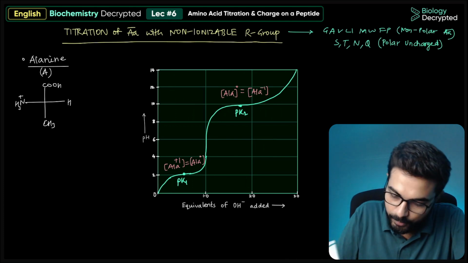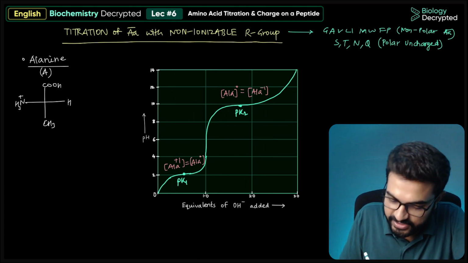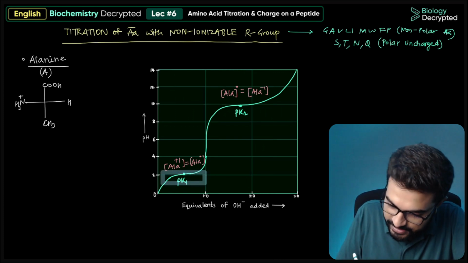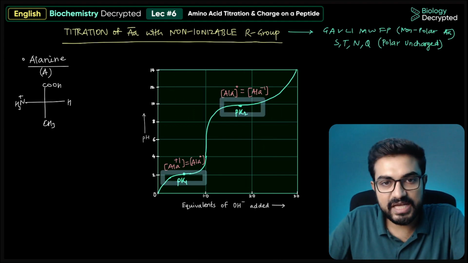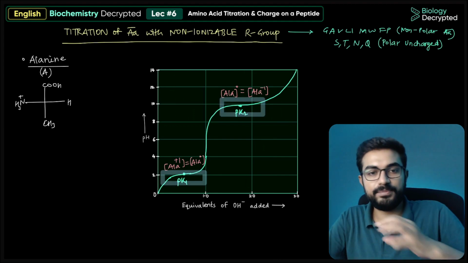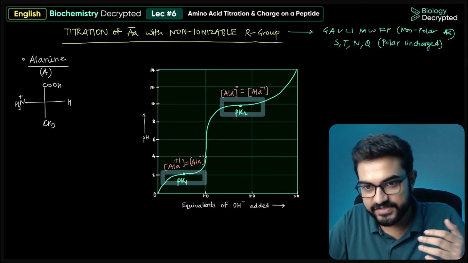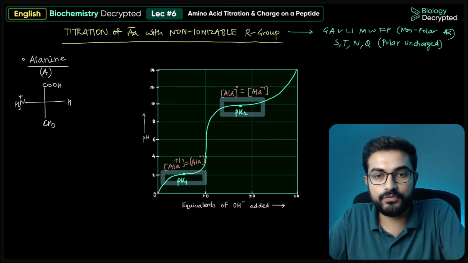And both these zones will be buffering zones. These are buffering zones, right? Because you have a pK1, you have a pK, you have a pH, and obviously you had seen these graphs in the lecture on water, pH, and buffer.